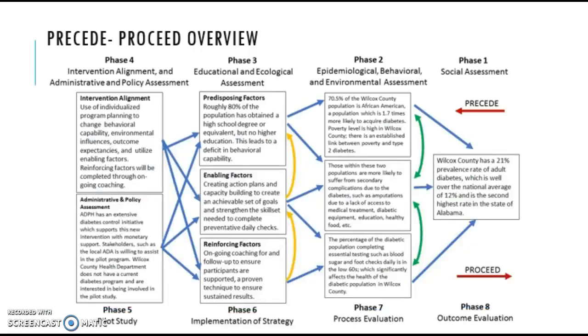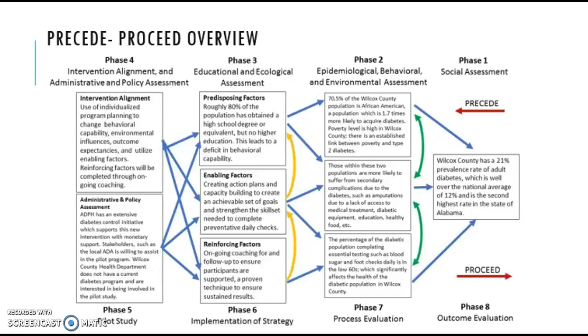So I'll start with an overview of the PRECEDE-PROCEED model. I've attached the Wilcox County PRECEDE-PROCEED model that I created for my case study. As you can see, there's a total of 8 phases, starting with 4 phases of PRECEDE and ending with 4 phases of PROCEED.